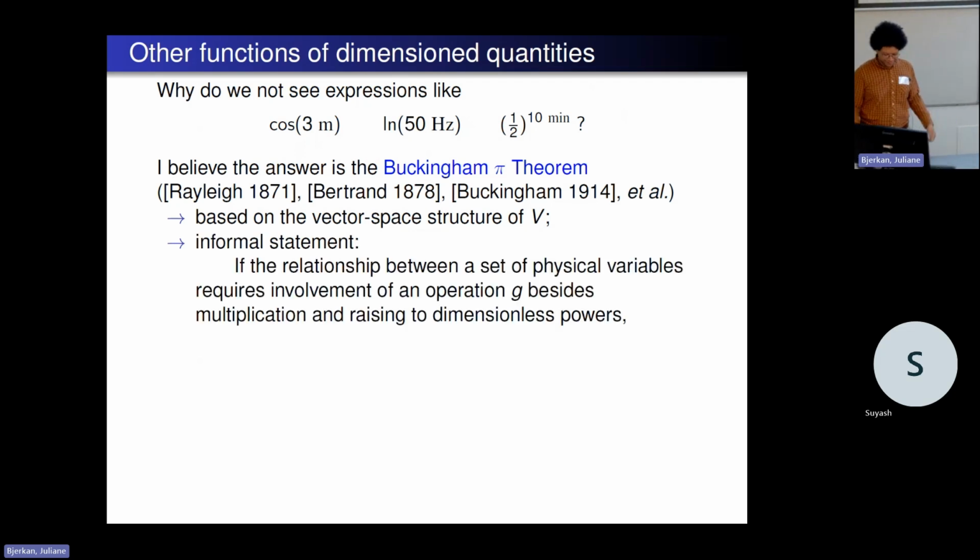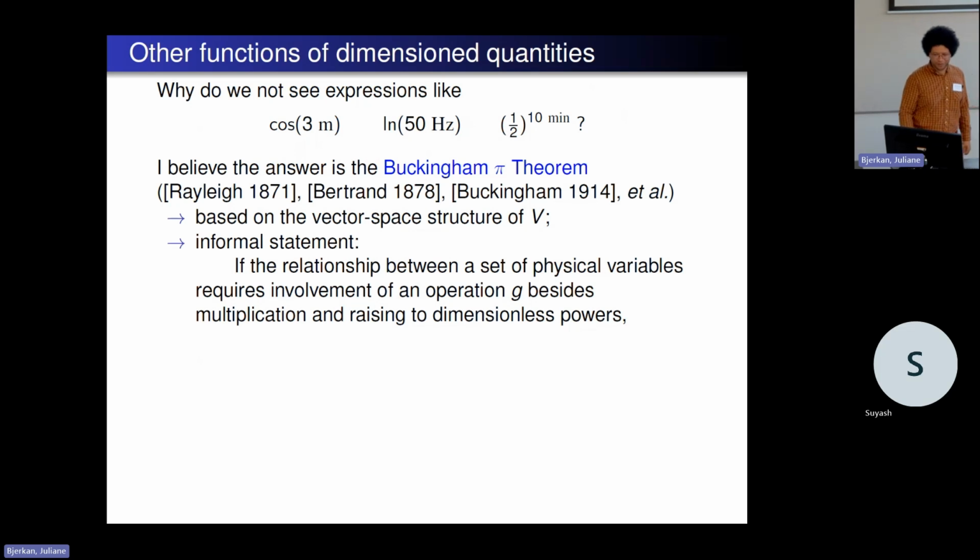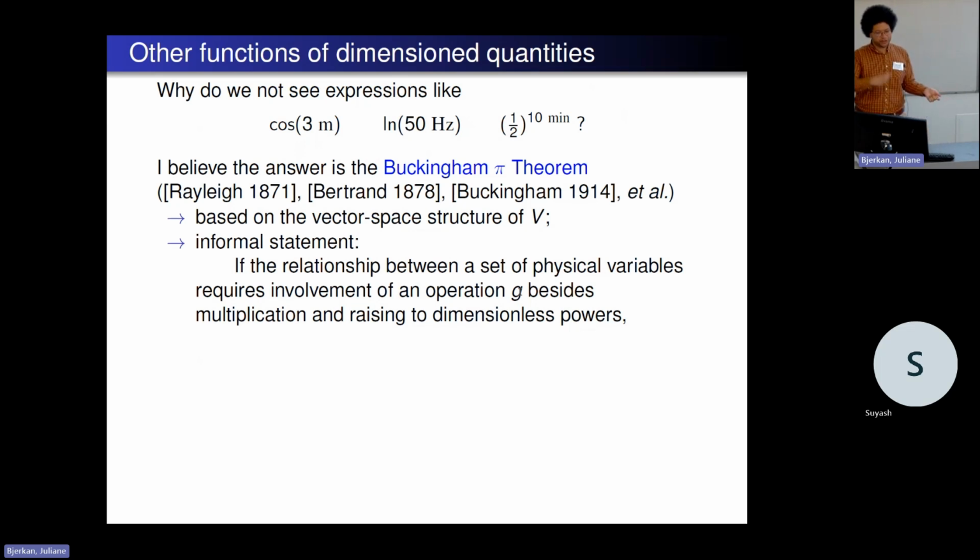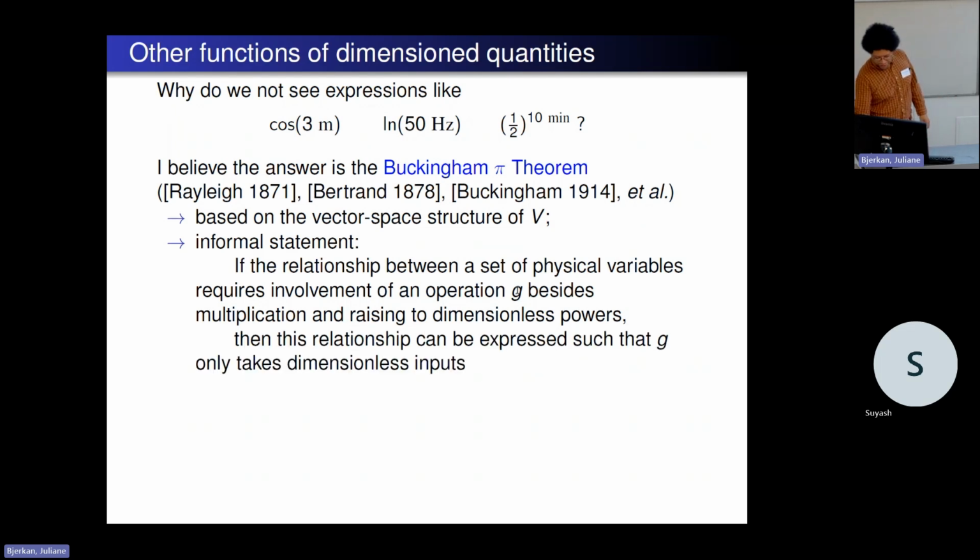And I won't give a precise statement, but the intuitive or informal statement of this theorem is: if I want to express the relationship between a set of physical variables which may have units, and if this relationship requires the use of some operation G besides just multiplication and raising to powers, so for example, things like cos or log or exponentiation, these are examples of possible operations G, then the theorem tells us this relationship that requires using G can always be expressed in such a manner that the input of G itself, the argument that goes into G, is always just dimensionless.